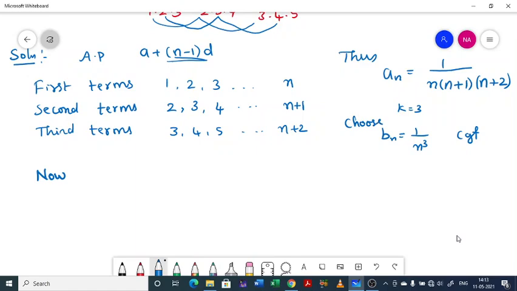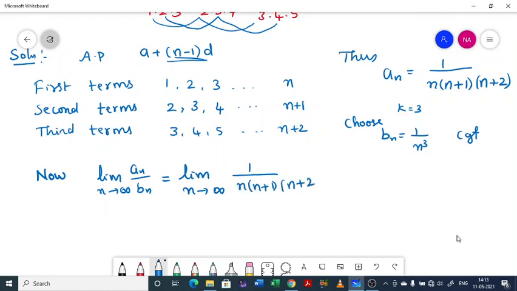Now limit an by bn as n tends to infinity equal to limit as n tends to infinity, an is 1 by n into n plus 1 into n plus 2 divided by bn. So 1 by bn will be n cube.